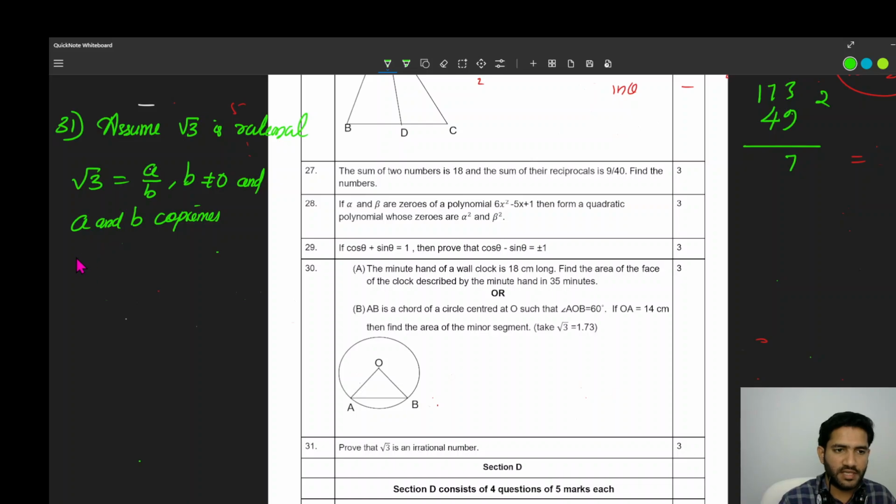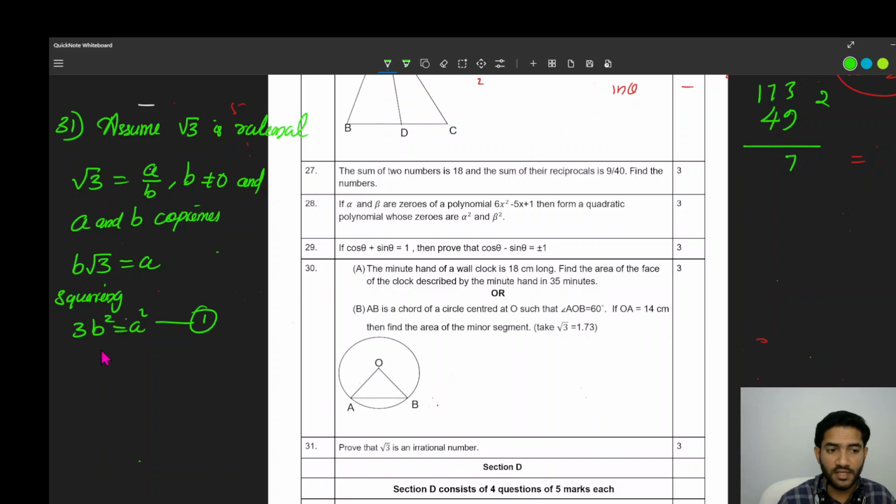Now we take b root 3 equal to a, then square both sides. We'll get 3b square equal to a square, equation number 1.